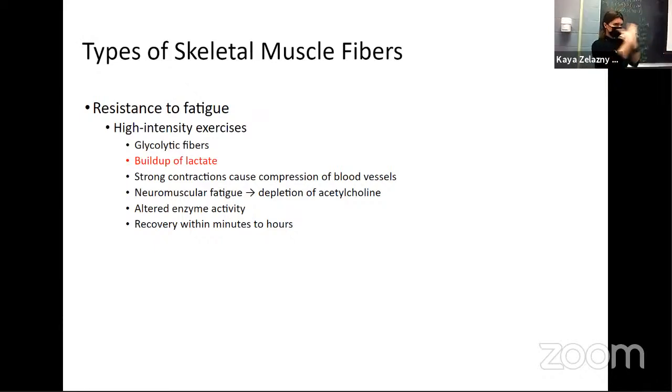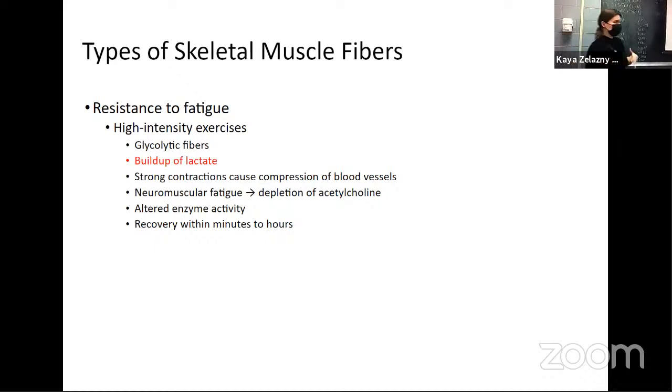So as these muscles strongly contract, that physically compresses the blood vessels, which means that we don't have that much oxygen coming to these fibers, which is fine because they're glycolytic fibers, but it's just another part of why we can't have something with a super strong contraction and a super large diameter that does oxidative phosphorylation, right? The fact that we're doing strong contractions kind of prevents the blood flow. Okay? That's why it's hard to combine those things.